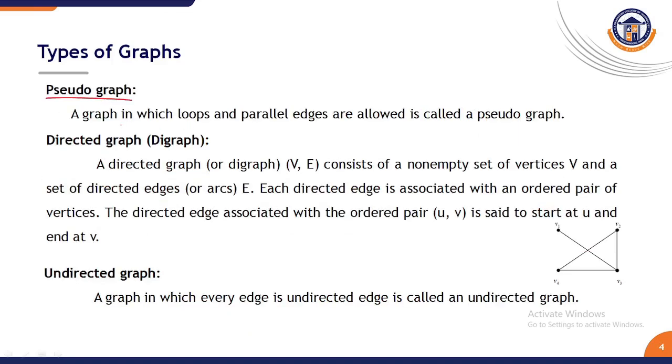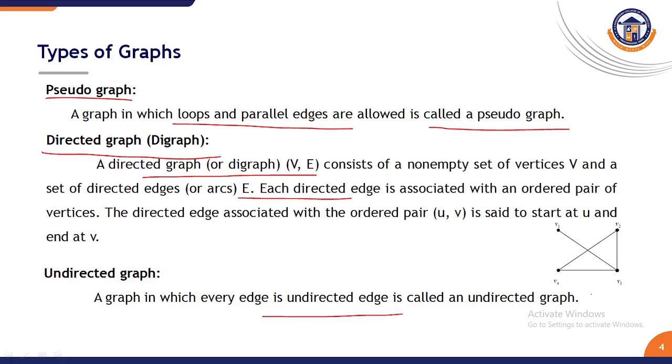Pseudograph. A graph in which parallel edges and self loops are allowed is known as pseudograph. Directed graph. If the direction of the edge is denoted, then the graph is known as directed graph. Otherwise, it is an undirected graph.